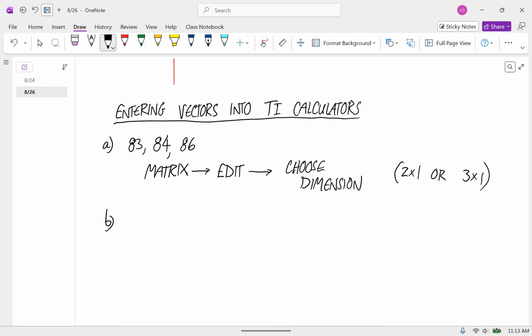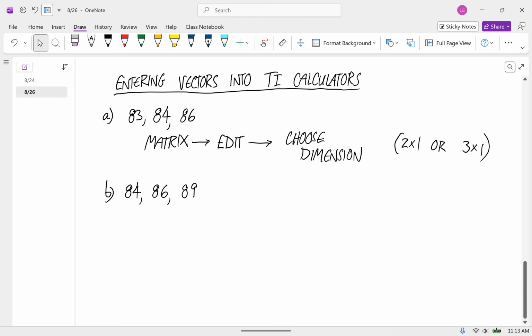If you have an 84 or an 86 or an 89, you can also skip the whole matrix environment, and you can enter using square brackets. So you have outer square brackets that tell it that you're entering a matrix of some type, and then the inner square brackets are rows in your matrix.